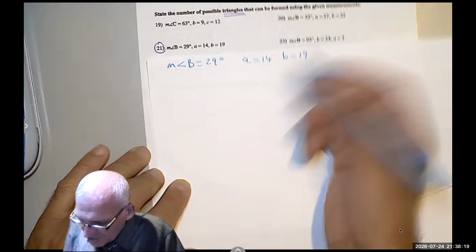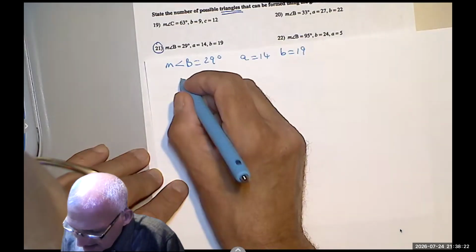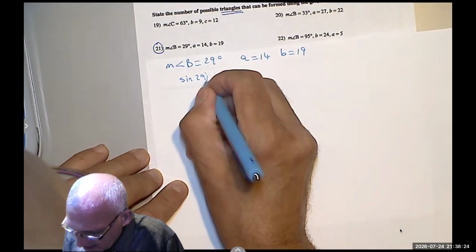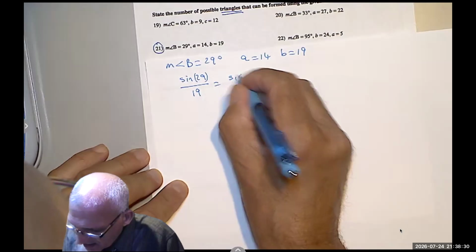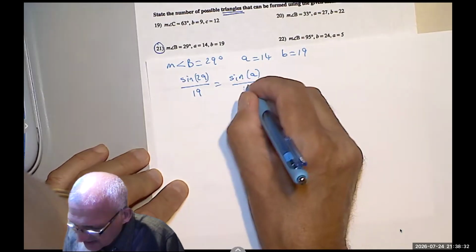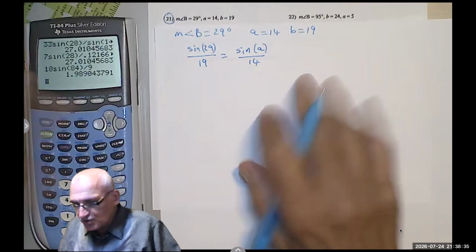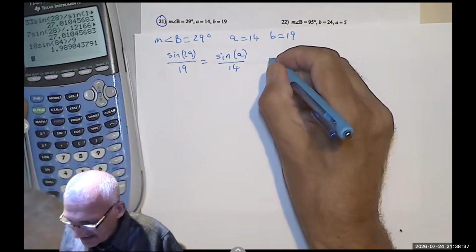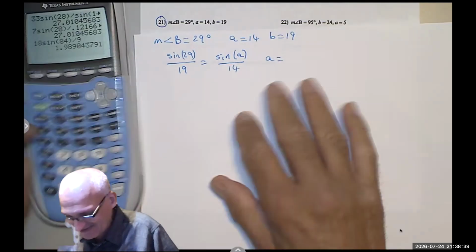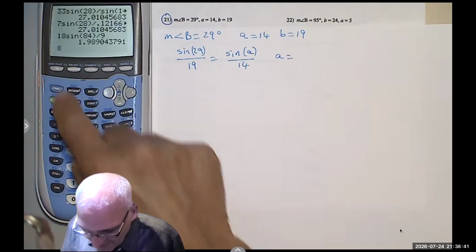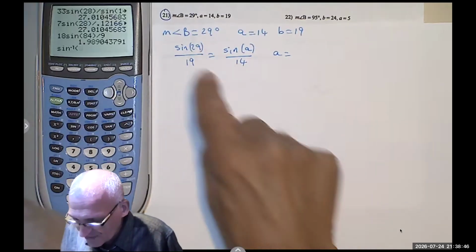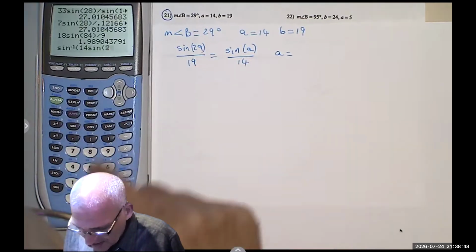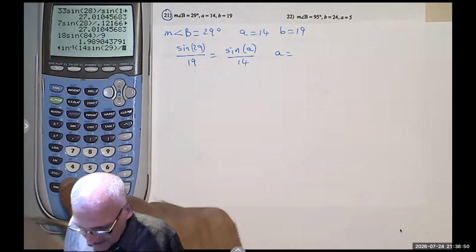Okay, so first of all, I say sine of 29 over 19 equals sine of A over 14. So if I want to solve for A directly, and this time it's going to work, don't worry, I'm going to say inverse sine, and then I'm going to multiply these 2 over that. So 14 sine 29 over 19.